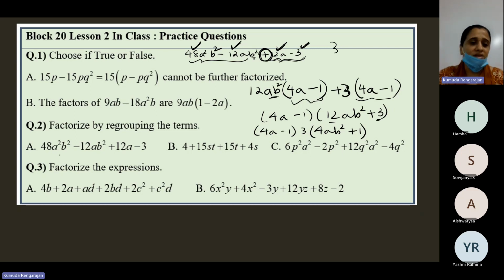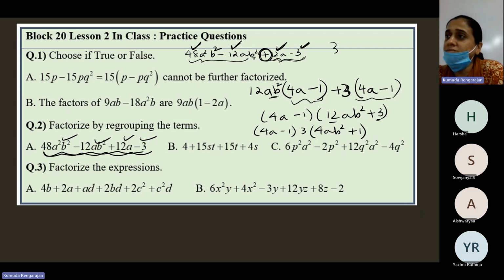So now what do you understand? When all the terms have something in common, this expression has 4 terms. Is there anything common between all the 4 terms? 3.